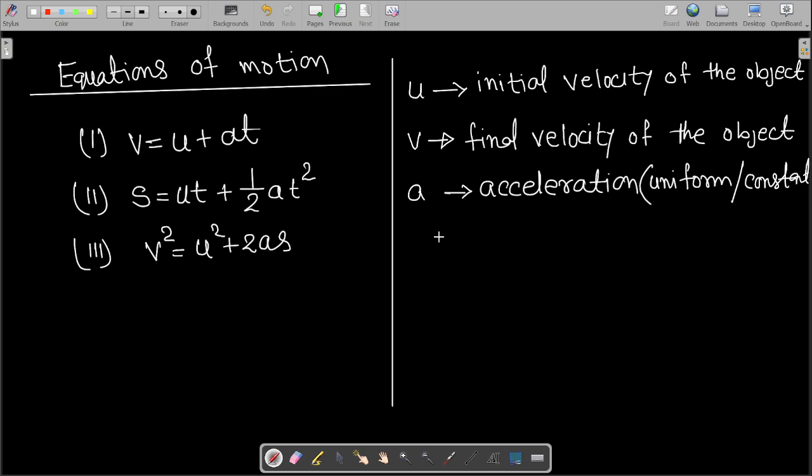Constant, or uniform, means it is not changing with respect to time. And t here denotes the time interval.